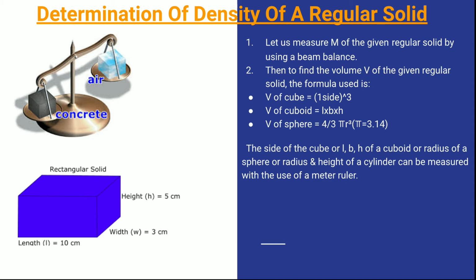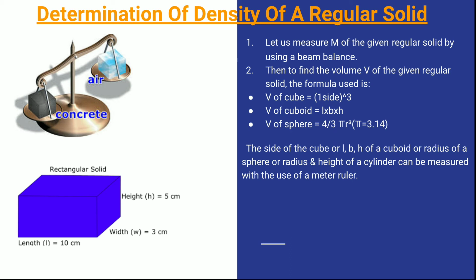If it is a cube, then we take the side cubed, and if it's a sphere, we calculate it as 4 by 3 pi r cube, where the value of pi is 3.14. This gives us the volume of the regular solid by this formula. Then we divide mass by volume, and that gives the density of the regular solid.